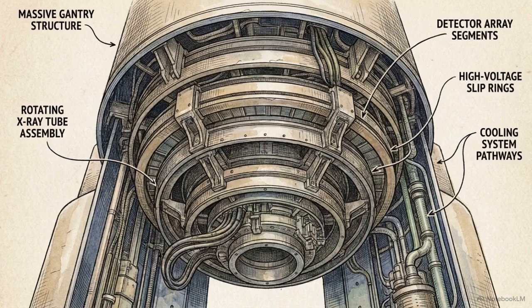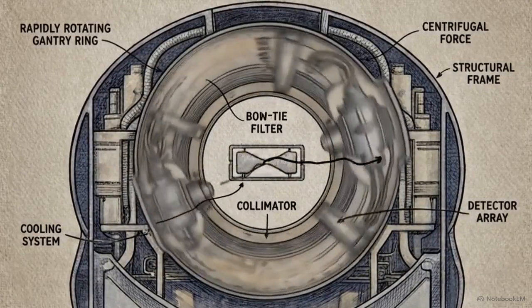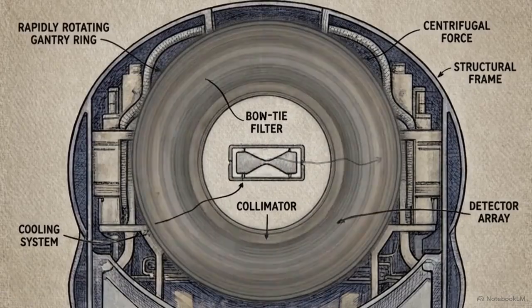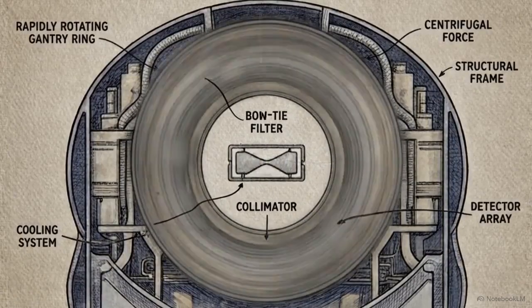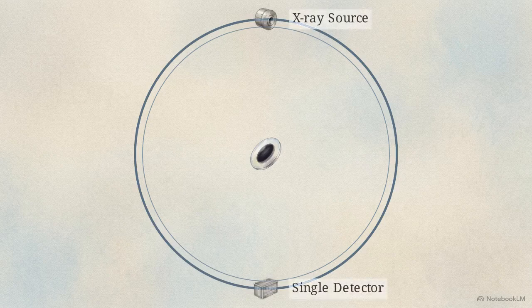Even with high-efficiency detectors capturing photons, a complete diagnostic image requires mapping those photons from every perspective. This necessitates rotating the entire hardware assembly, both the X-ray tube and the detector array, rapidly around the patient to collect data from hundreds of angles. This diagram illustrates the mechanical baseline of the very first generation of CT scanners.